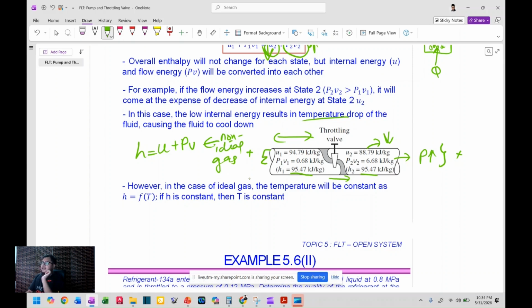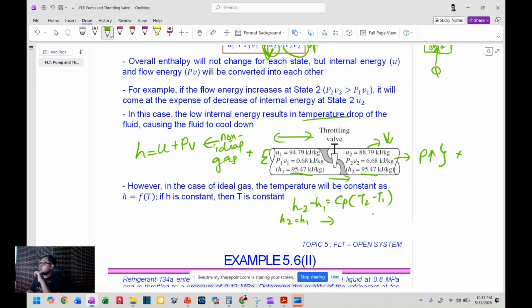But for the ideal gas case, you know from your ideal gas knowledge that H2 minus H1 equals Cp times (T2 minus T1). And if H is constant, that means H2 equals H1.